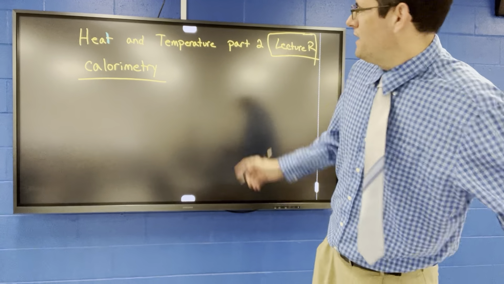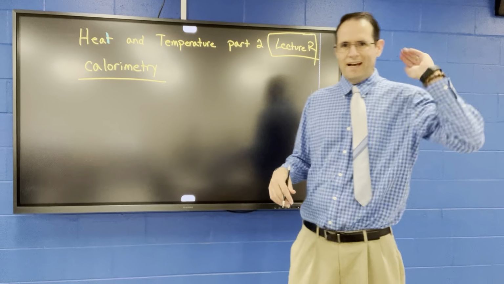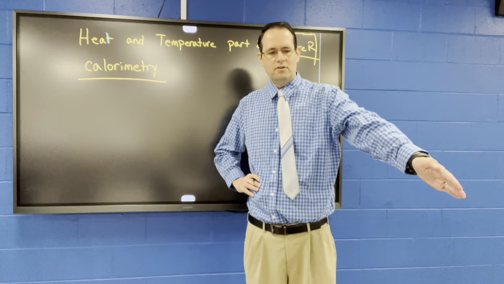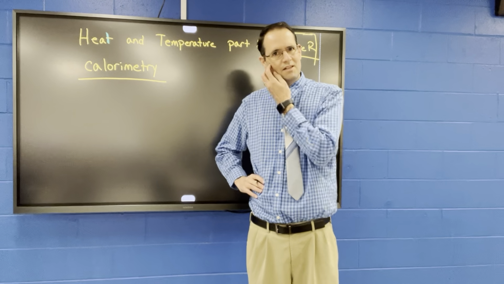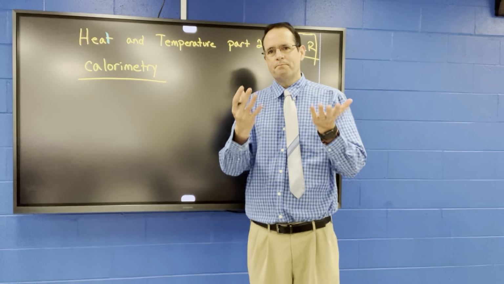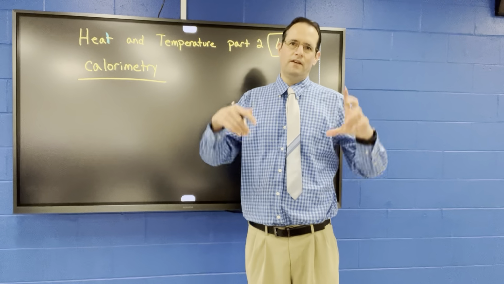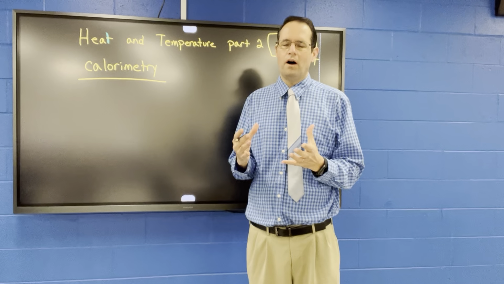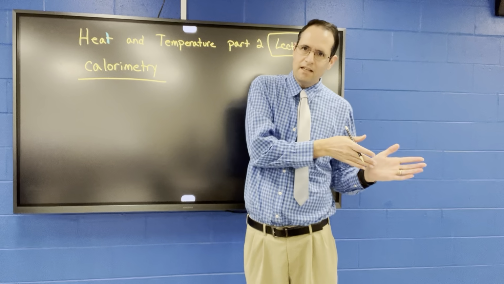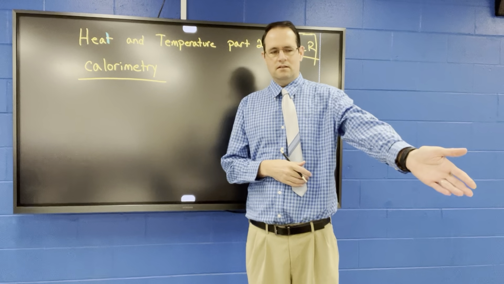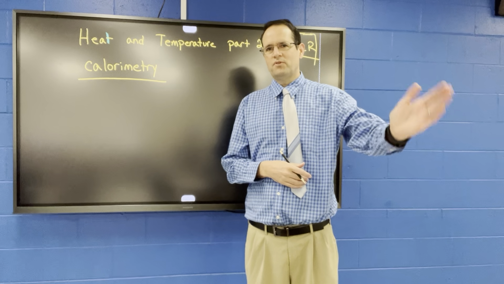So calorimetry is the process by which we actually burn substances, for example, a marshmallow or a fuel. It heats water up, and based on that increase in temperature, we can do some calculations to figure out how much heat was absorbed by the water, and therefore how much heat is in 30 grams of marshmallows.